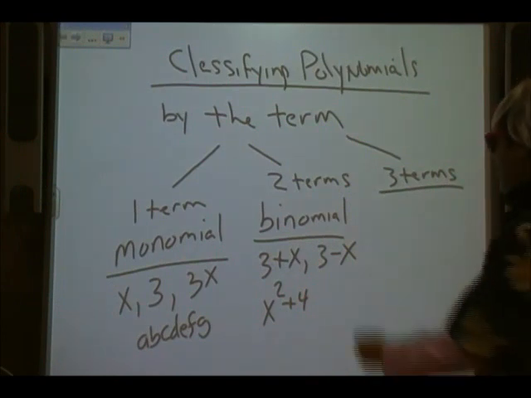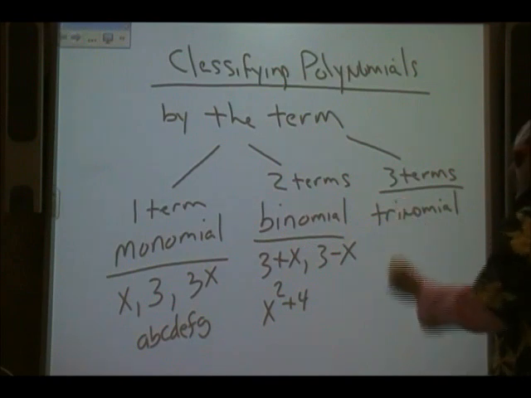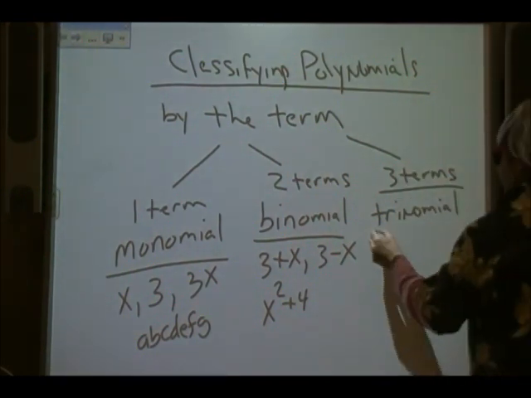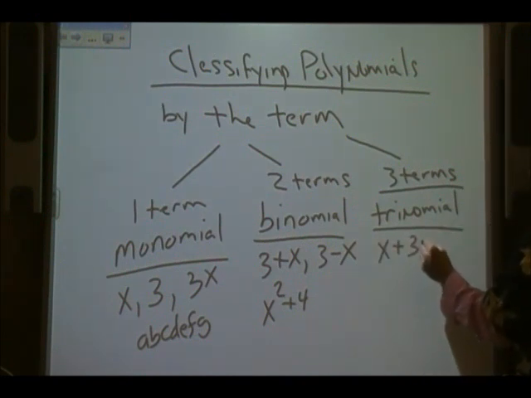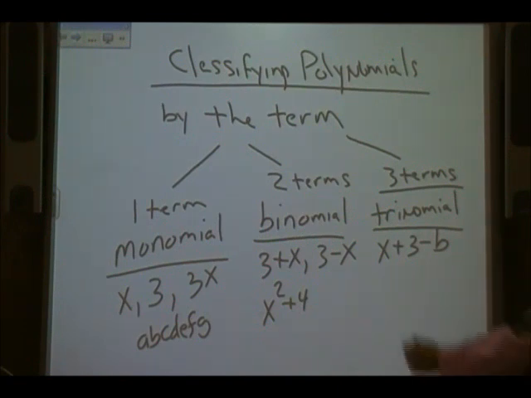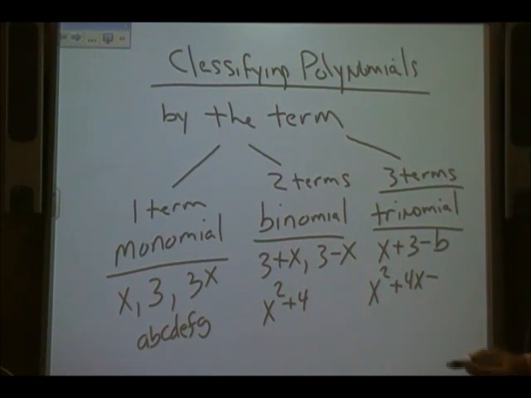That's 2 terms. Then you have 3 terms. 3 terms we call a trinomial. So now you hook up 3. That means you can use the x, then the plus, then you can do the 3, then the minus, and you can put a letter b there. See? Our favorite ones are ones like this, right? Just making things up. This is a trinomial with a degree of 2, which we'll discuss.